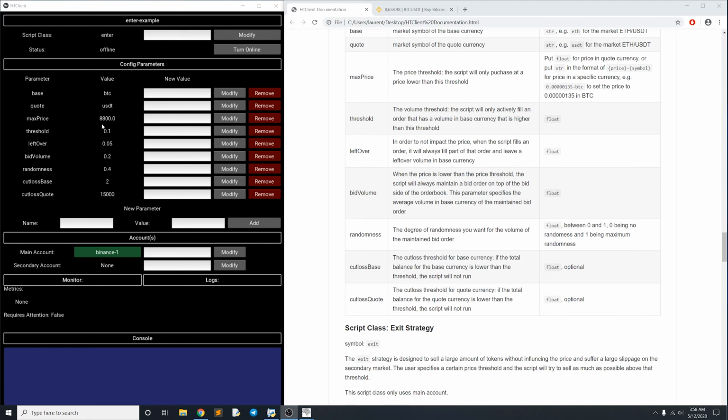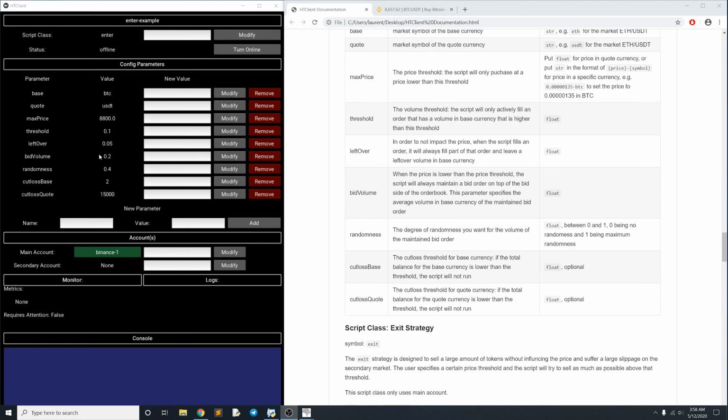So let's rephrase what this strategy is going to do. I have a price tolerance of 8.8, meaning that I'm willing to enter the market up until 8.8K. I have a threshold of 0.1, meaning that every order on the sell side is going to be filled if it's greater than 0.1 Bitcoin. The leftover is 0.05 Bitcoin, meaning that when I fill an order, I will leave 0.05 Bitcoin behind on the sell side.